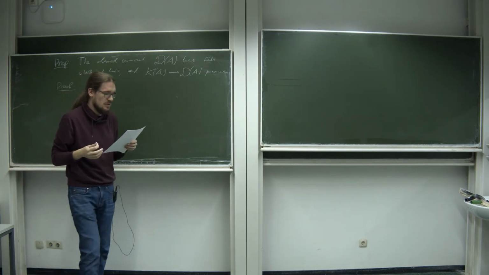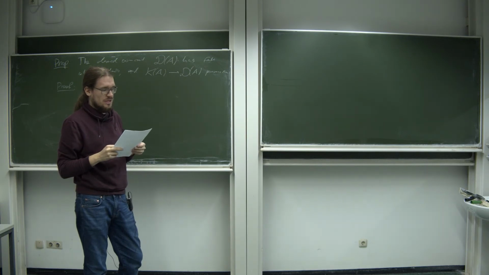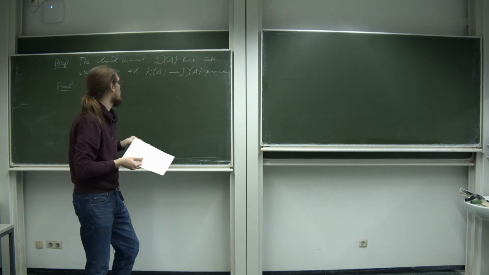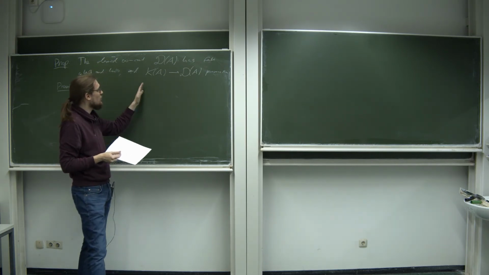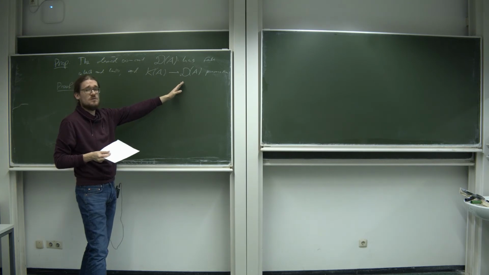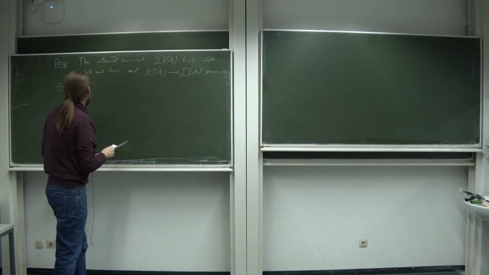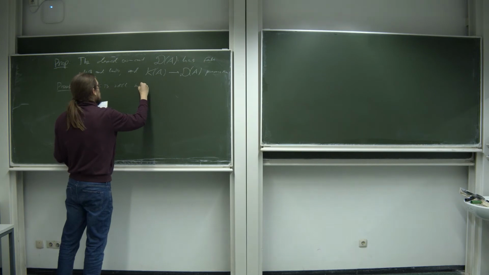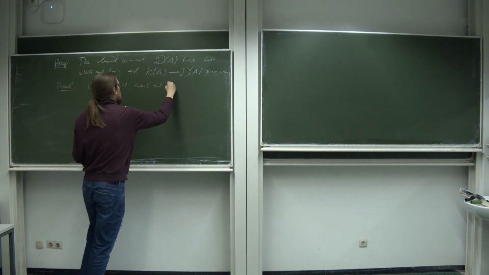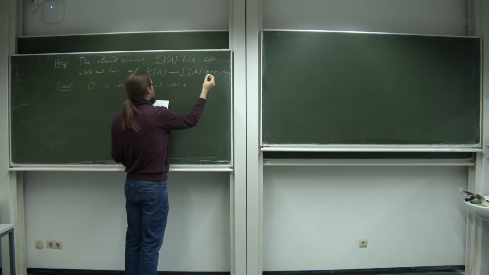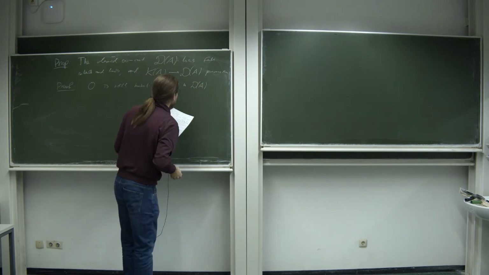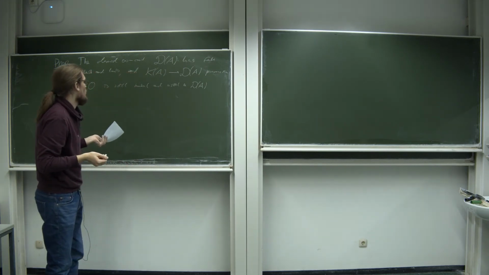So to prove that, we need to see that we have an initial and a terminal object. We need to see that we have pushouts and pullbacks, and we need to show that the functor here preserves all of those. To get terminal and initial objects out of the way, this just amounts to saying that 0 is still terminal and initial in D of A. Right, and what does that mean?